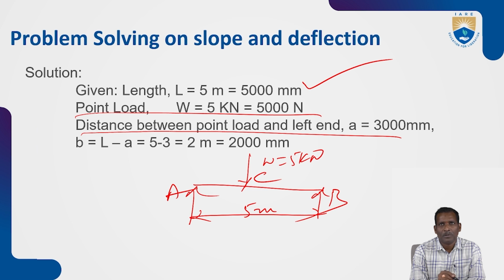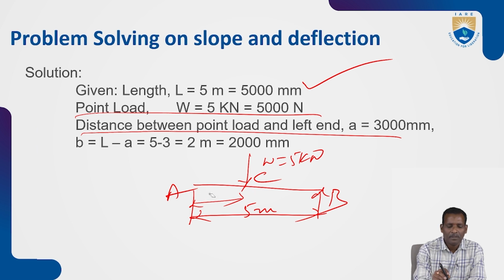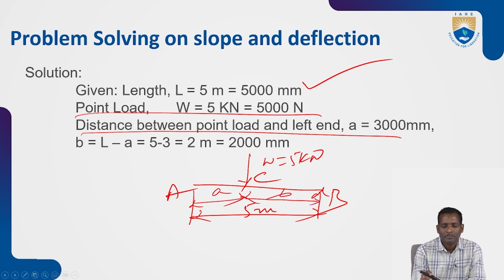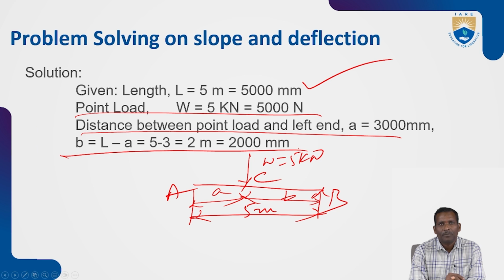The distance between the point load and the left side support is A, and this value is B. So B is L minus A, the total length is 5, 5 minus 3, we will get here 2000 mm.